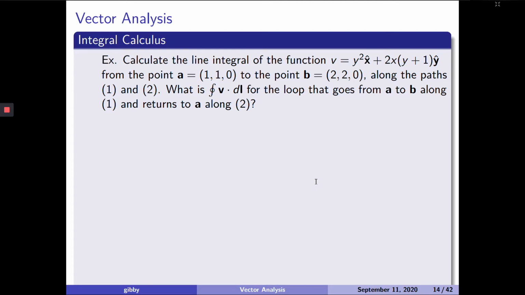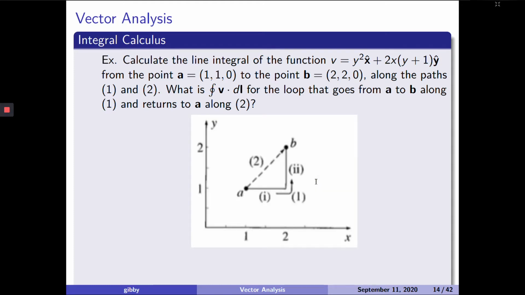Now let's take a look at this example. We want to calculate the line integral of the function as shown in this figure. So this is v equals y squared plus 2xy plus 1, from point a to b.